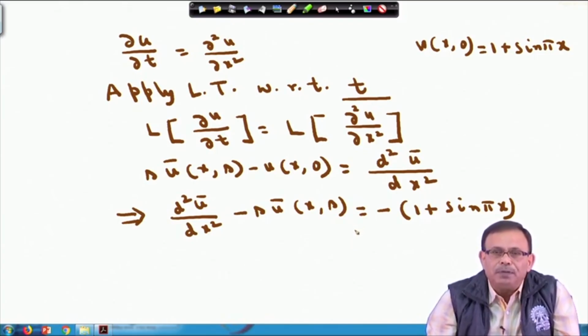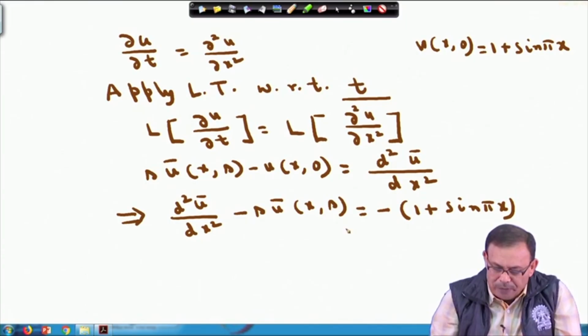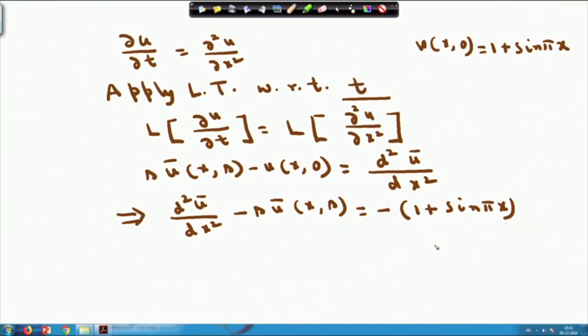The beauty of these techniques is that the PDE is converted into an ODE, or if you are trying to solve one ODE, then the ODE is simply transformed into some algebraic expression, which we have seen earlier whenever we used the Laplace transform to solve a second order ODE. I am directly writing the solution of this second order ODE. There will be two parts, CF and PI.